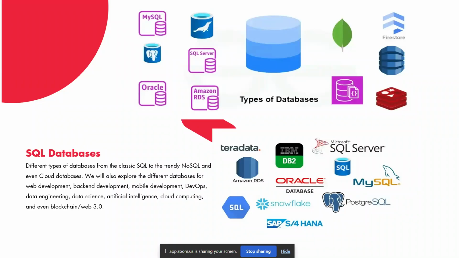Examples of the relational database include MySQL, Postgres, Oracle DB, Microsoft SQL, Amazon RDS. All these are relational databases.